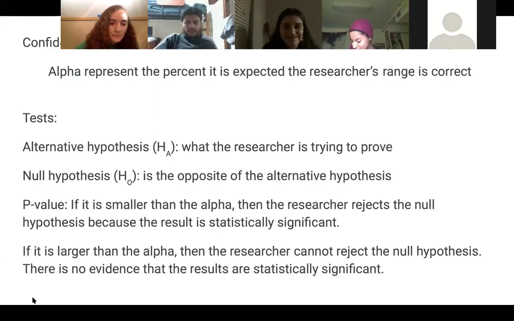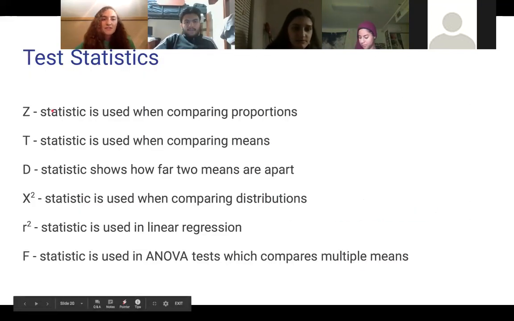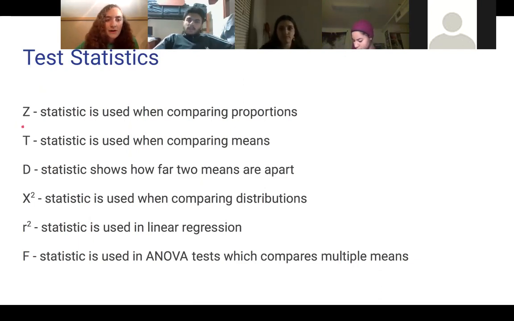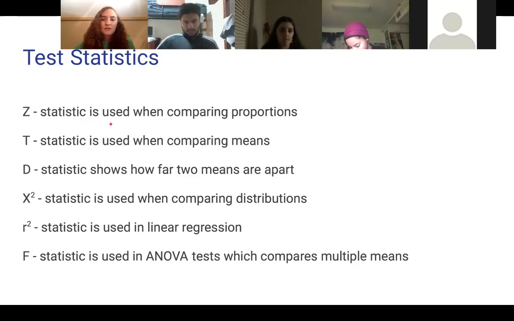Okay, let's go on. So test statistics, you might come across all these different letters, and there are so many more. I just did the basics. Whenever you see a Z statistic or a Z test, that's usually used when comparing populations, so different samples.